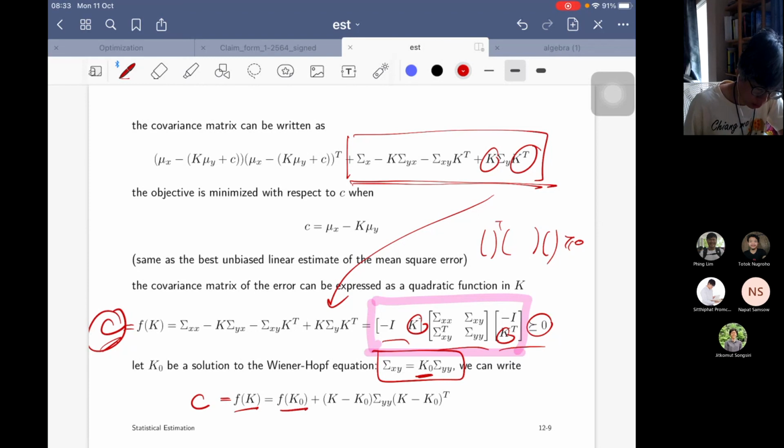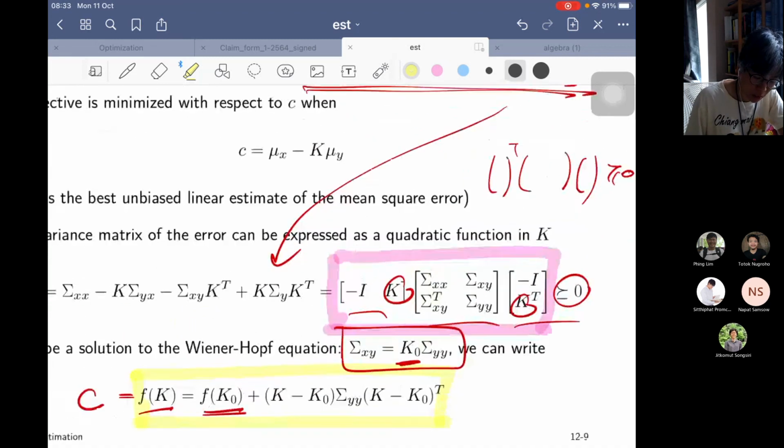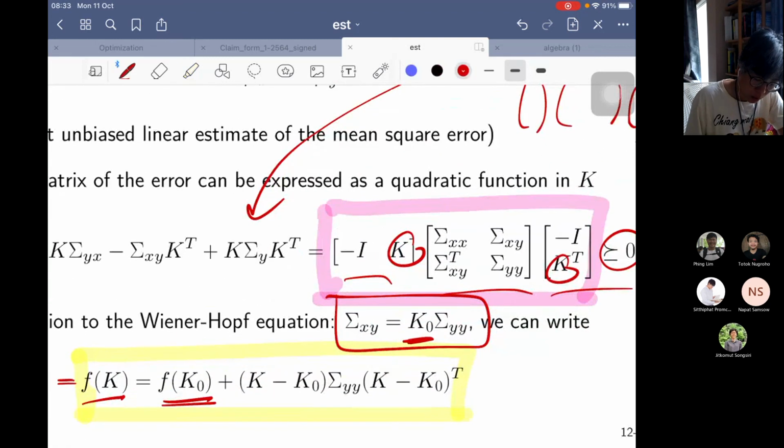I'll let you verify it later. When we arrange the term in the yellow box, it tells us that if you want to pick K such that this is minimum in the matrix sense, what should we pick?